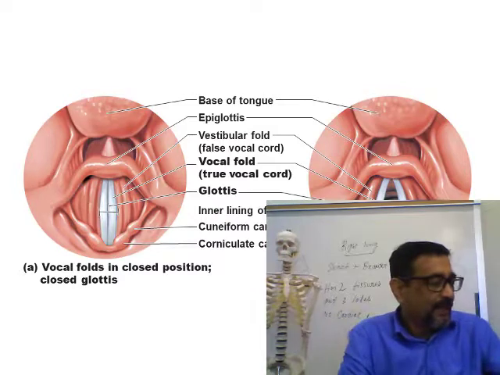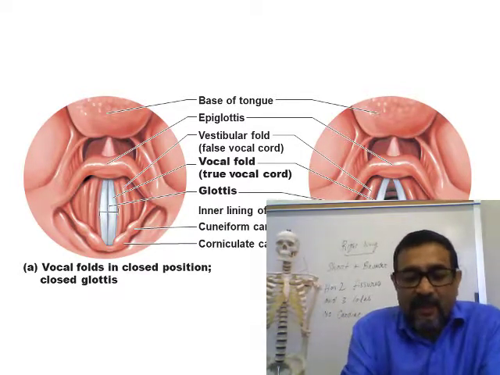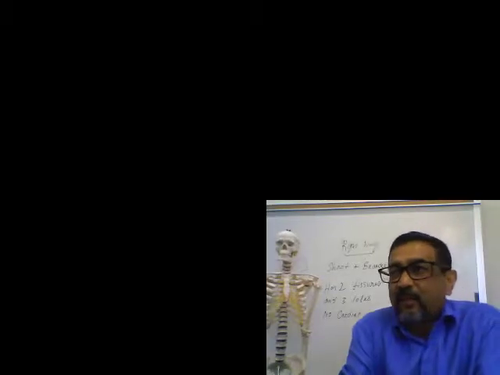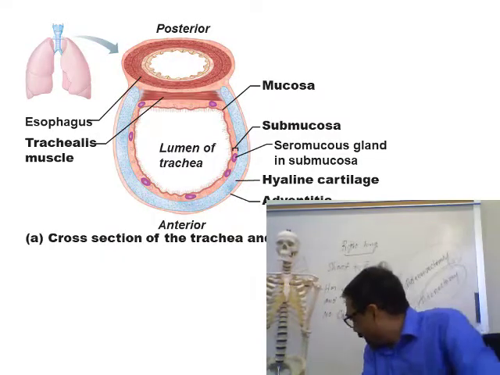Trachea. The trachea is the air tube. It has cartilages in the front and muscle in the back. The cartilages are C-shaped, not a complete circle.